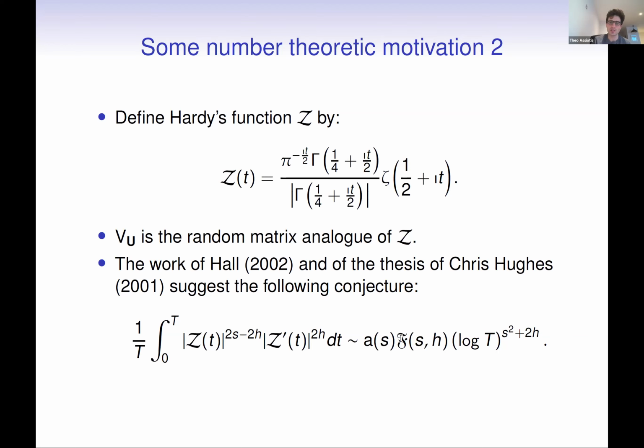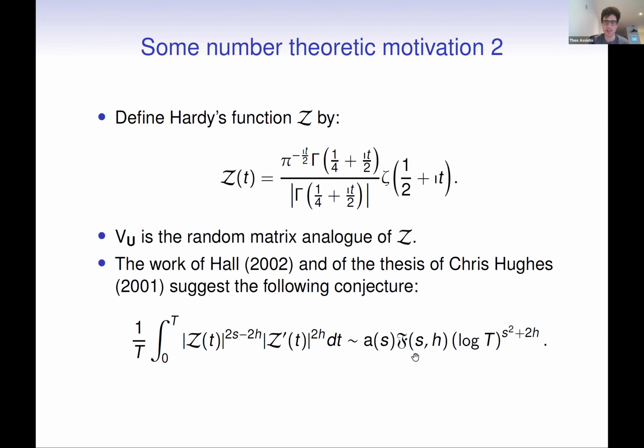And this is also consistent with rigorous results of Ingham for s equals 1 and h equals 1, and then Conrey for s equals 2, h equals 1 and h equals 2. So these were known, and they're consistent with the random matrix picture. And then there was a result by Conrey and Ghosh in the 80s where they computed this for s equals 1 and h equal to 1/2.